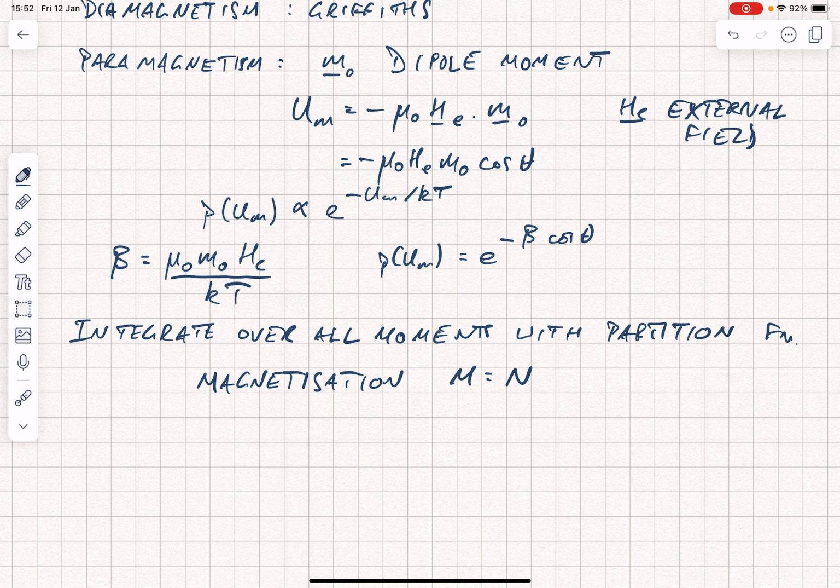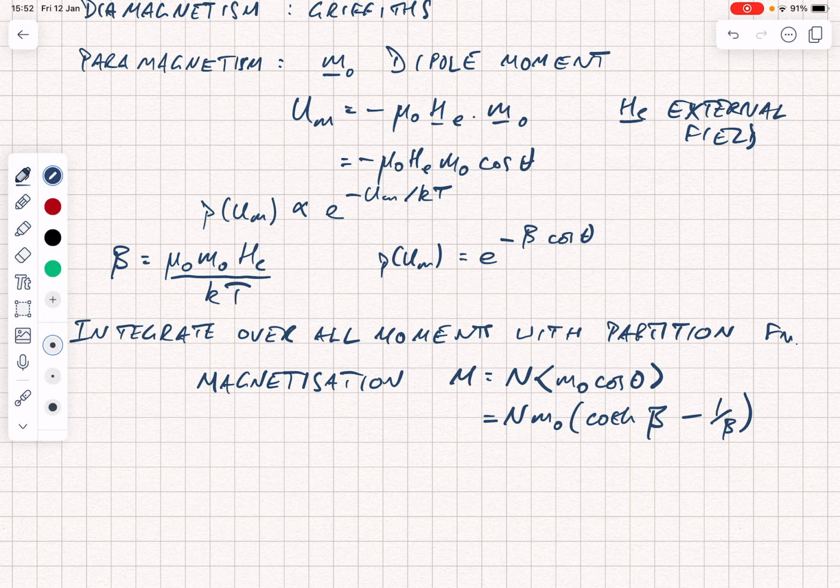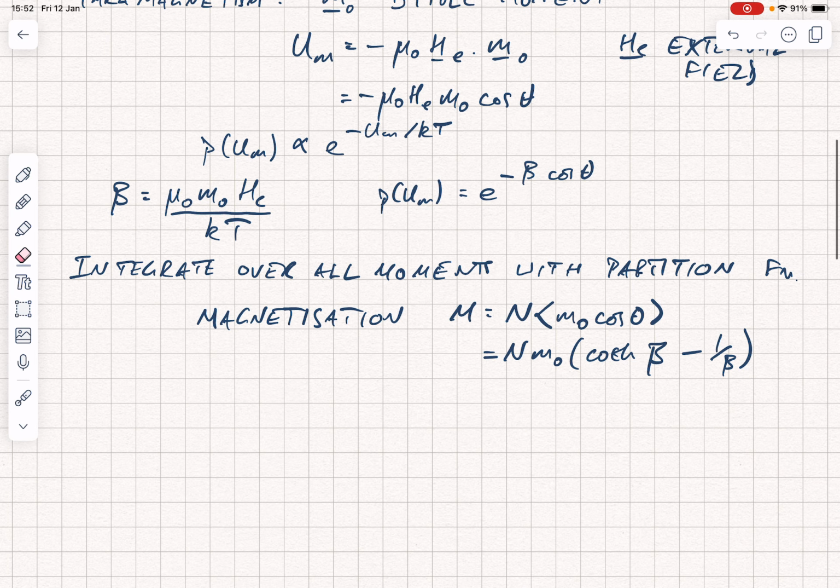It's given by effectively the total number of atoms in the system multiplied by the statistical average of m0 cos θ, in other words, the likelihood of that happening, which can be shown to be N times m0 times a rather horrible function, which is coth beta, so that's the hyperbolic cotangent, minus 1 over beta. And you will see this function, coth beta minus 1 over beta, referred to as the Langevin function. That's of no particular importance, and we're not going to think about it in any other place. You should just know that it exists.